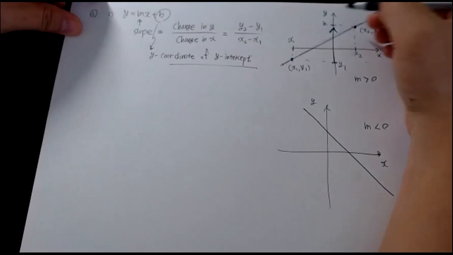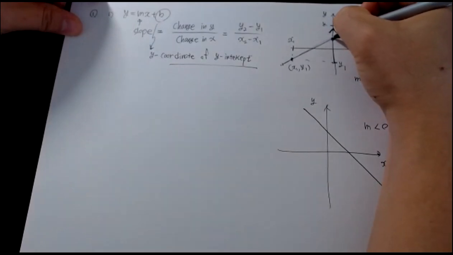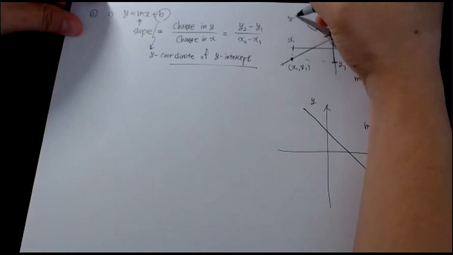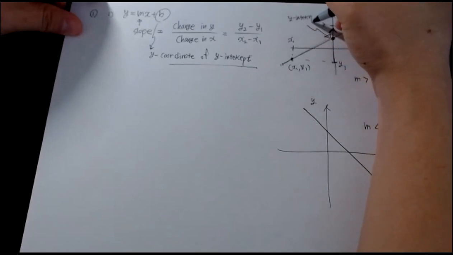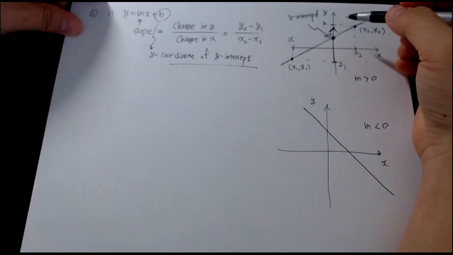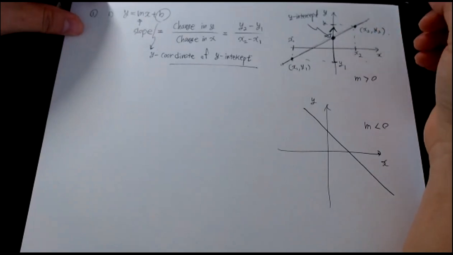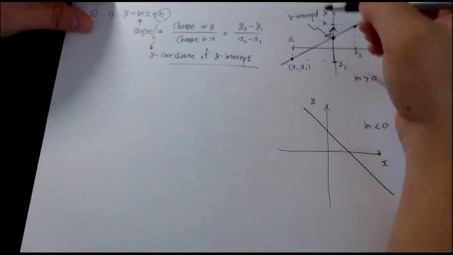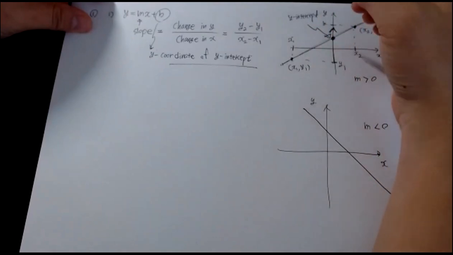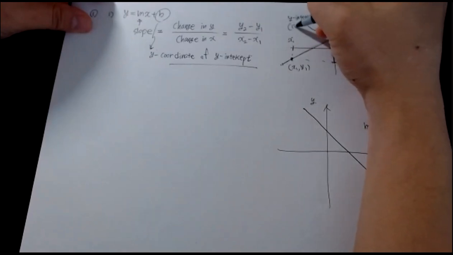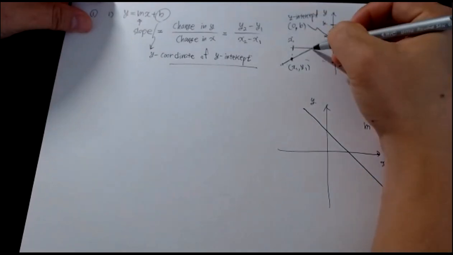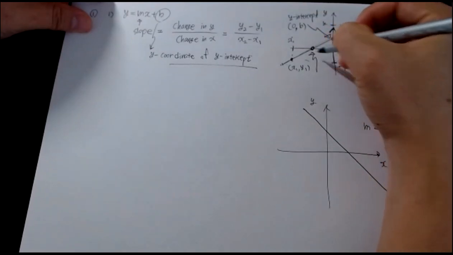For example, in this example, that's going to be the y-intercept, right? So it means that what? Then the x coordinate of the y-intercept must be 0. So the ordered pair of y-intercept is going to be 0 comma b. Okay, and then that's going to be what? X-intercept.